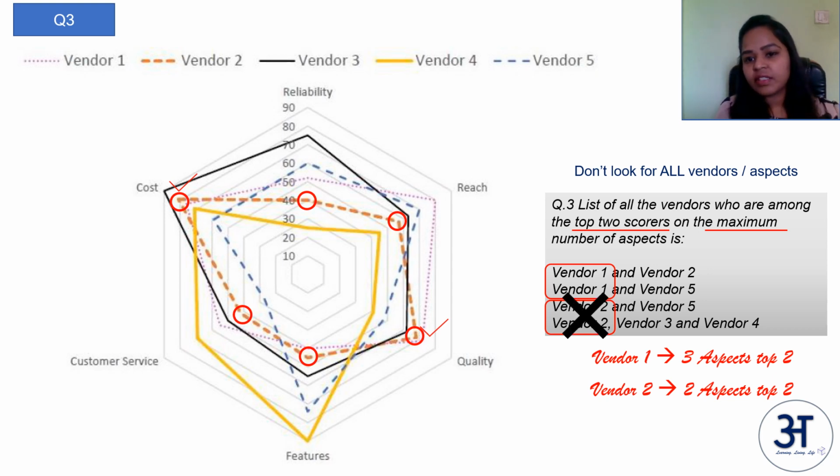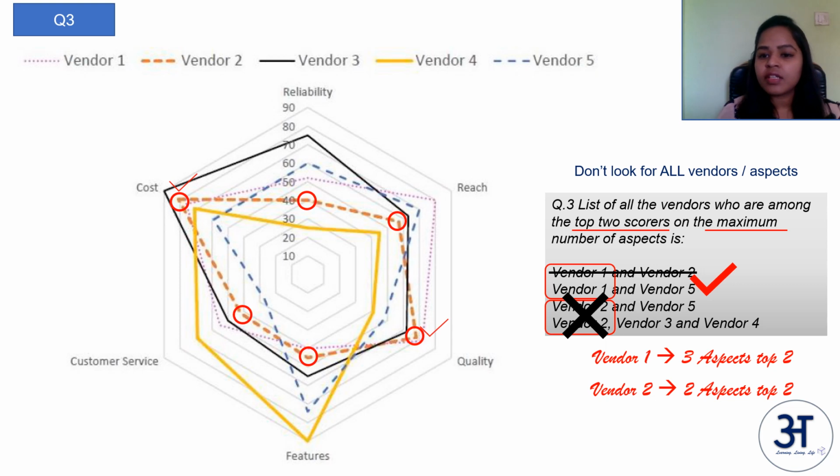Also, from here we can eliminate option 1 because vendor 2 is in the top 2 in only 2 of them, whereas vendor 1 is in 3. Obviously vendor 1 and vendor 2 cannot be together in an option, so that is gone. So the answer is vendor 1 and vendor 5.